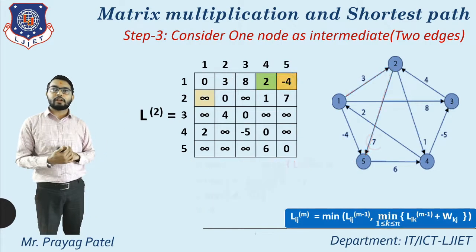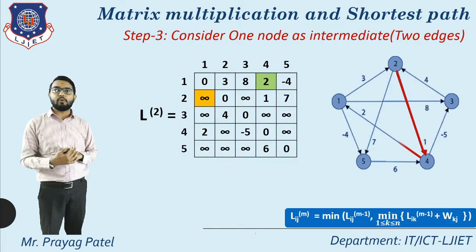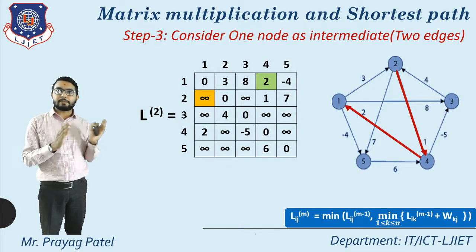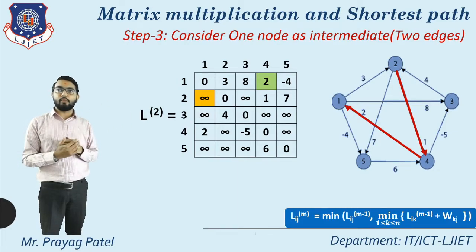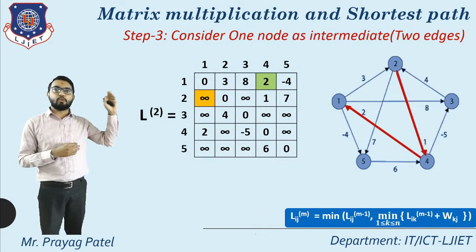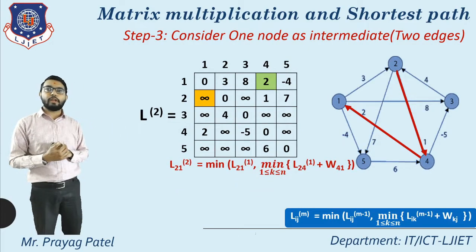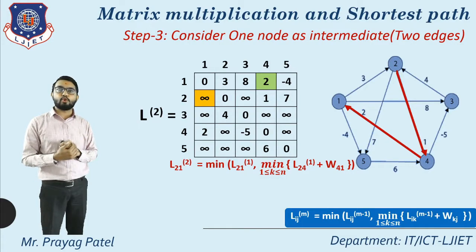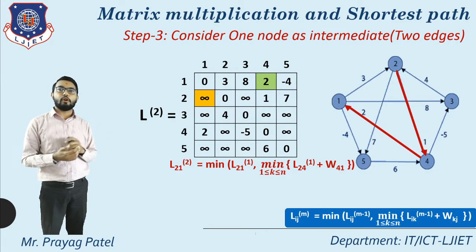So here consider next step as 2 1. In 2 1, old value consider as infinity. Here consider any path is possible from node 2 to 1. Here old value is infinity means no direct path is available. But for reach 2 to 1, here first path is considered 2 to 4, then 4 to 1. So consider this path and according to our equation consider L21 equal to minimum of L21, minimum of L24 plus W of 41.